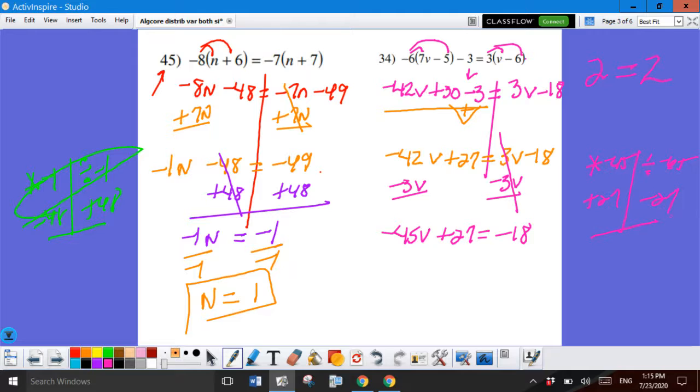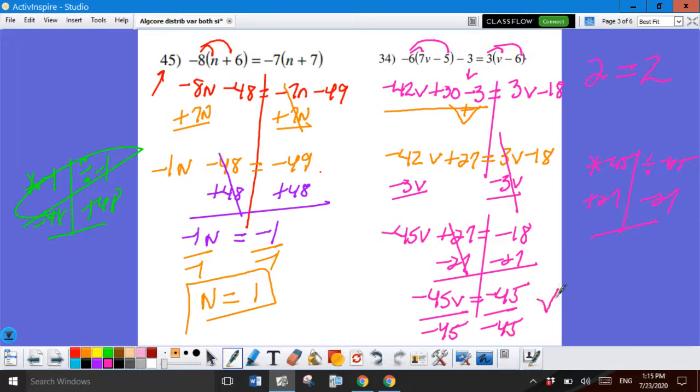So when I look at what has to happen first, I need to subtract the negative 27, so that's gone. So negative 45v is equal to negative 45. Divide by negative 45. V is going to equal 1.